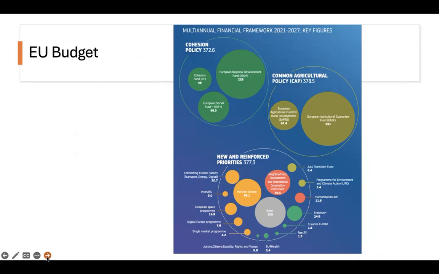So we need to start getting a feel for where this money goes, because the proportions of spending are important. So the cohesion policy, or the cohesion policy trio, the ERDF, the European Regional Development Fund, the Social Fund and the Cohesion Fund, between them, it's almost the same as the agricultural budget. It's about 373 billion in total. And the Regional Development Fund invests in roads, broadband, green transition.